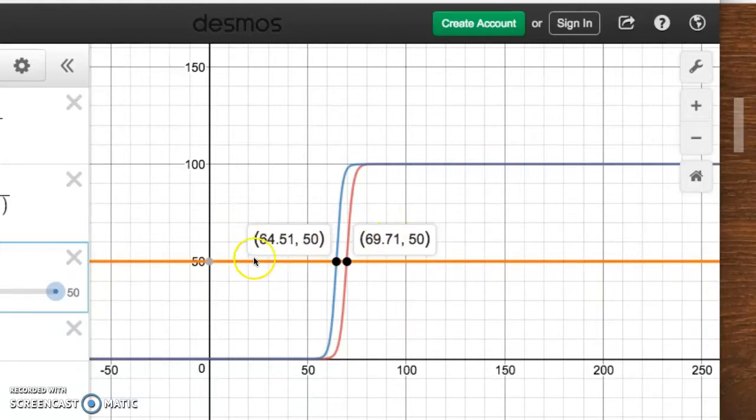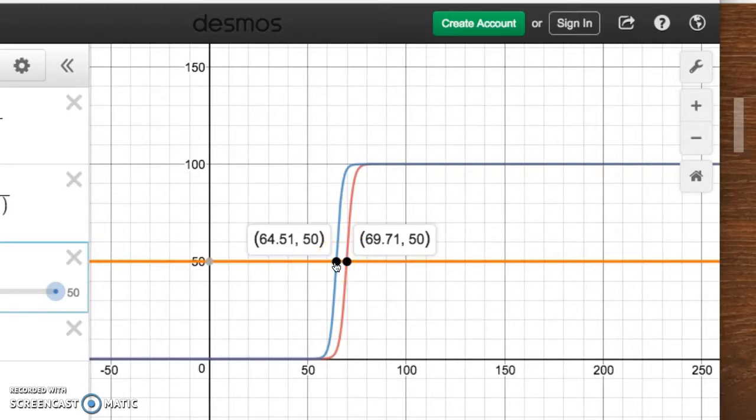And for the female height, I'm getting 64.51. So 50% of the population is going to be lower than the 69.71. And then same thing for the female, 64.51.